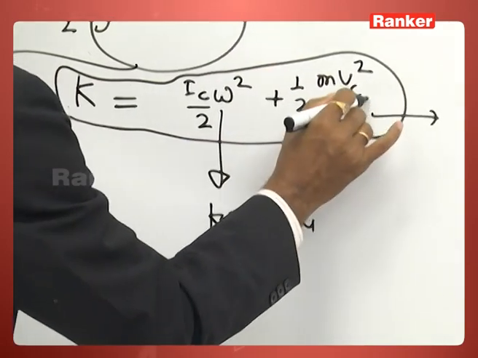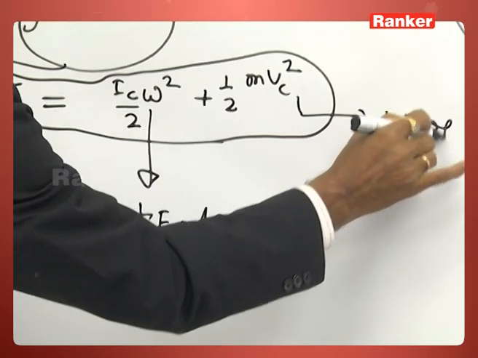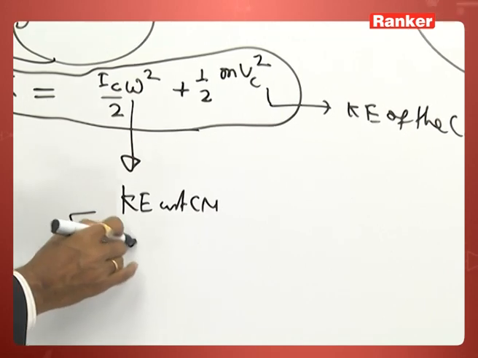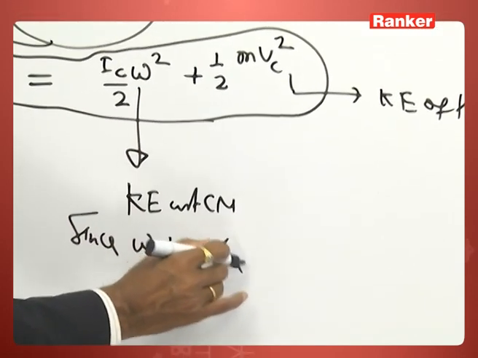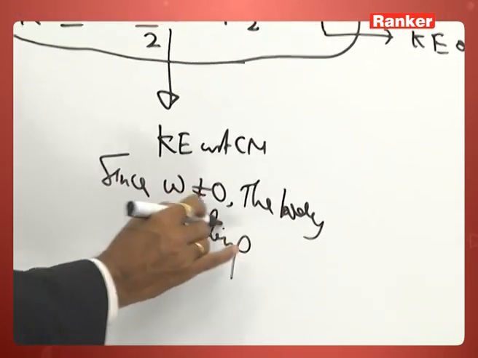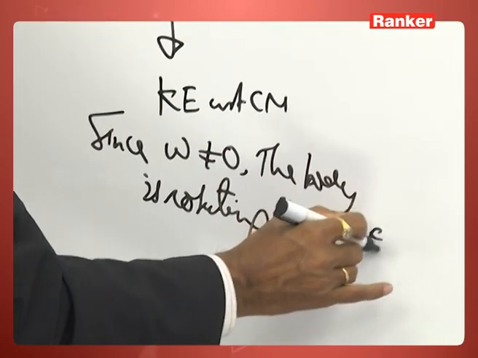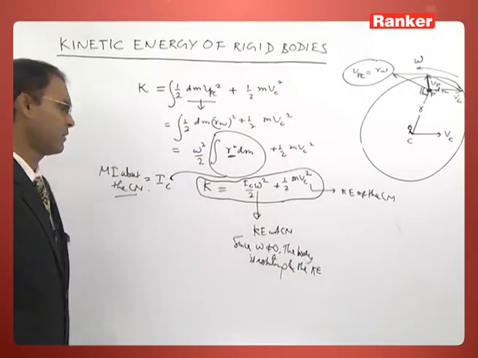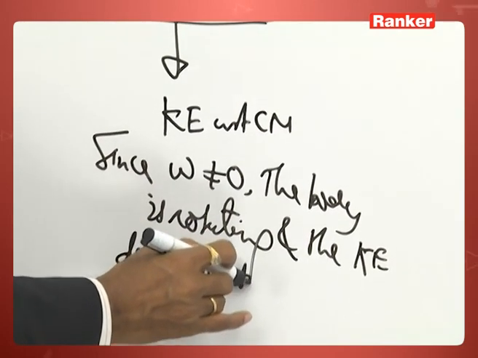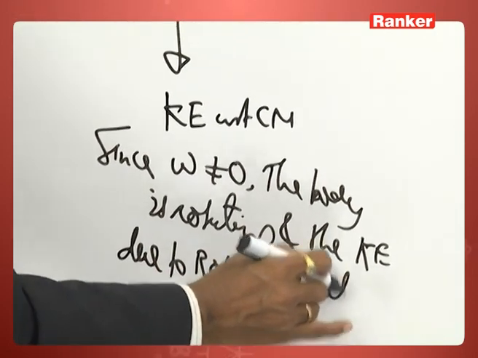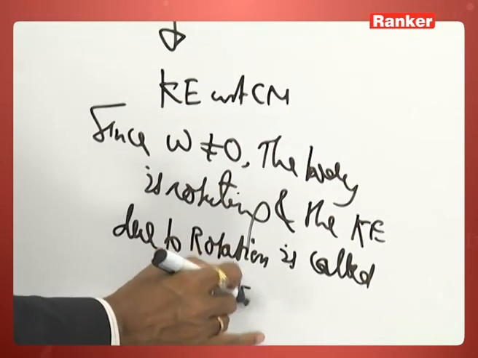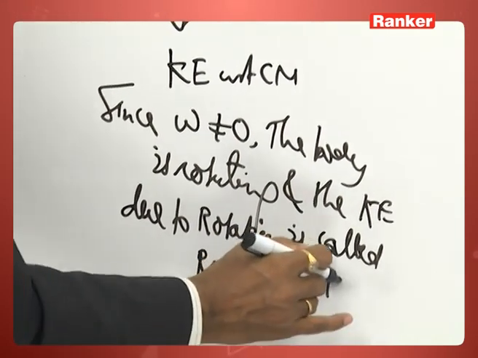The second term is the kinetic energy of the center of mass. Since omega is not equal to 0, the body is rotating, and the kinetic energy due to rotation is called rotational kinetic energy or kinetic energy of rotation.